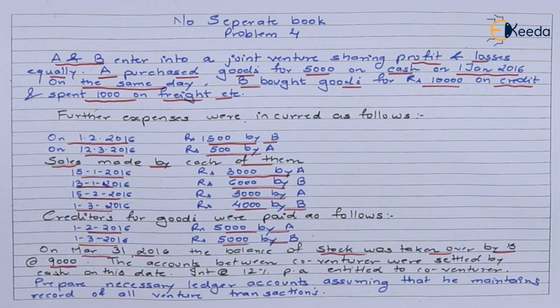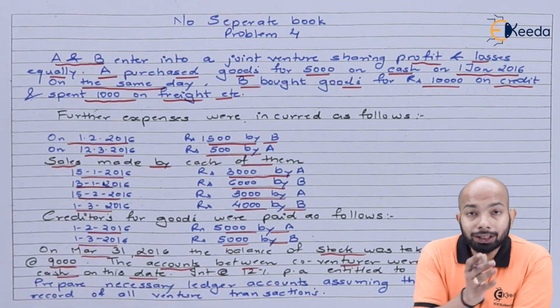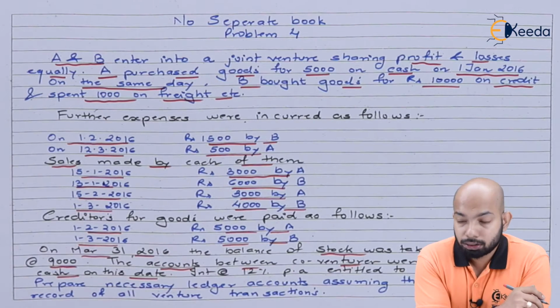The accounts between the co-ventures were settled in cash on the same day, that means 31st of March.